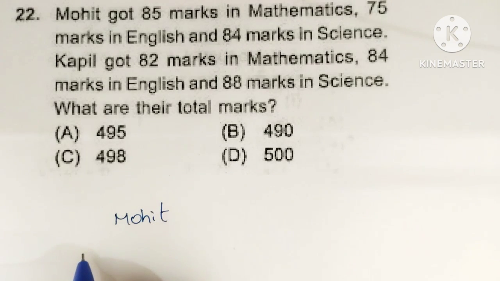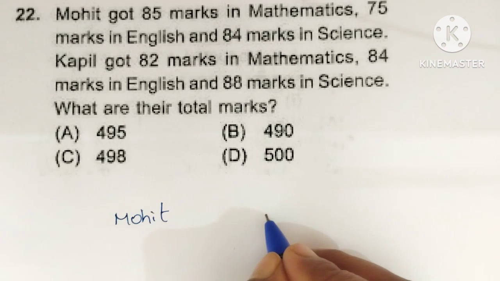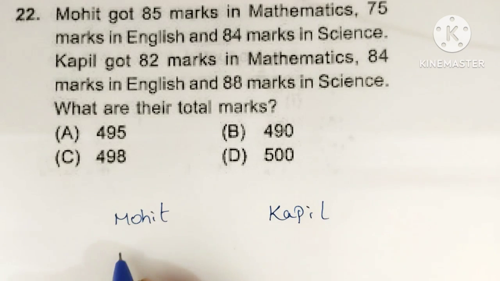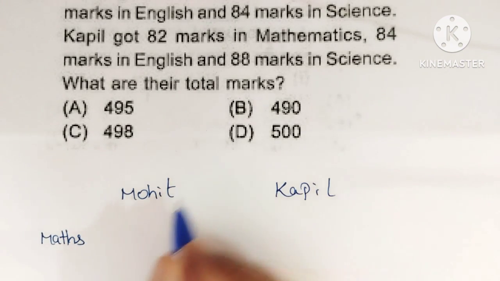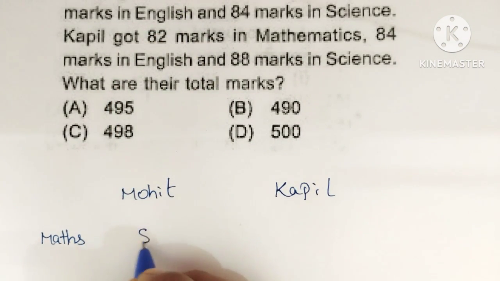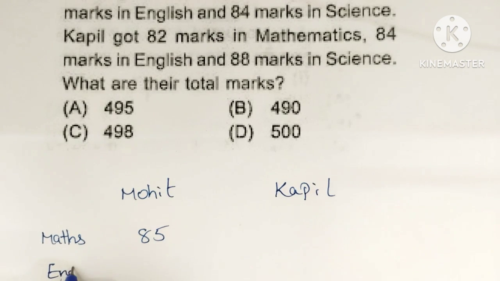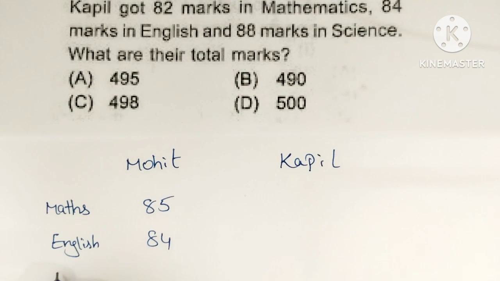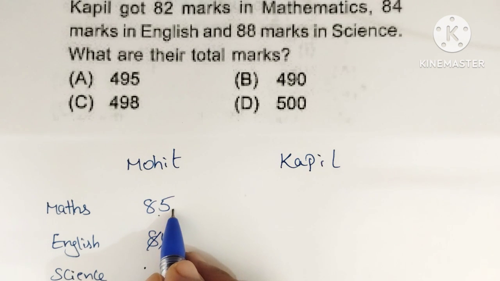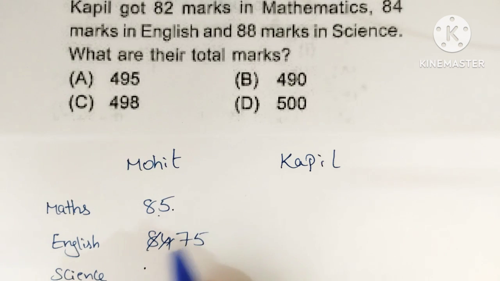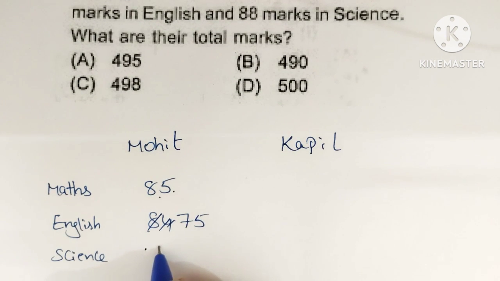Mohit got, and Kapil got. Here Mohit, how much did he get? 85 in maths, 75 in English, and 84 in science.